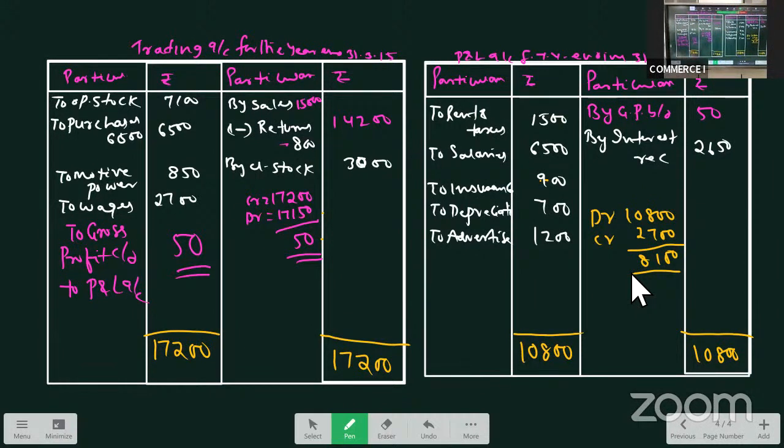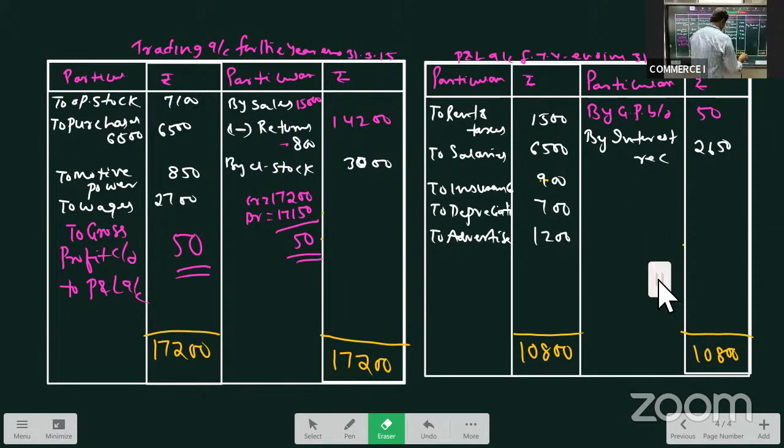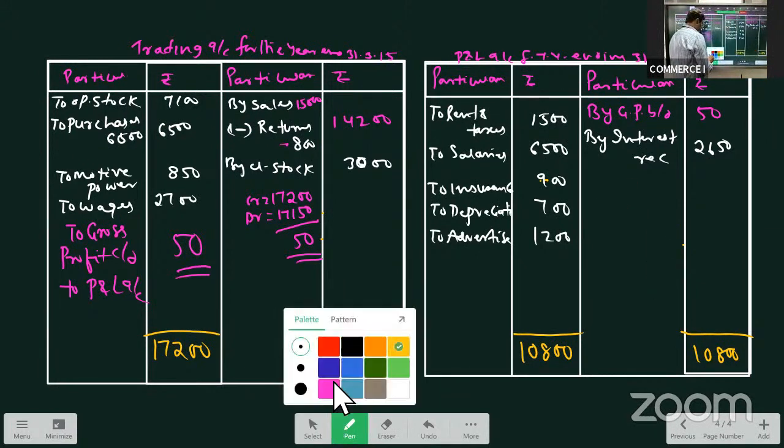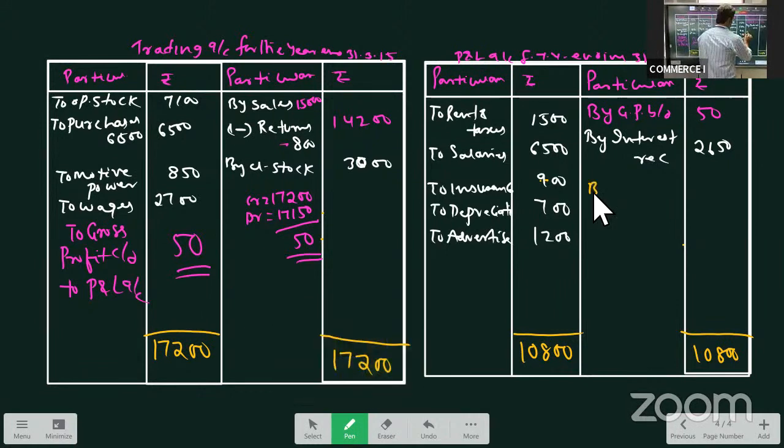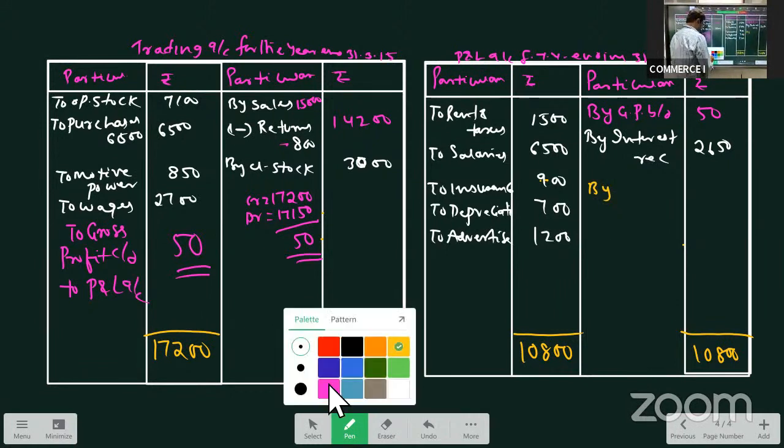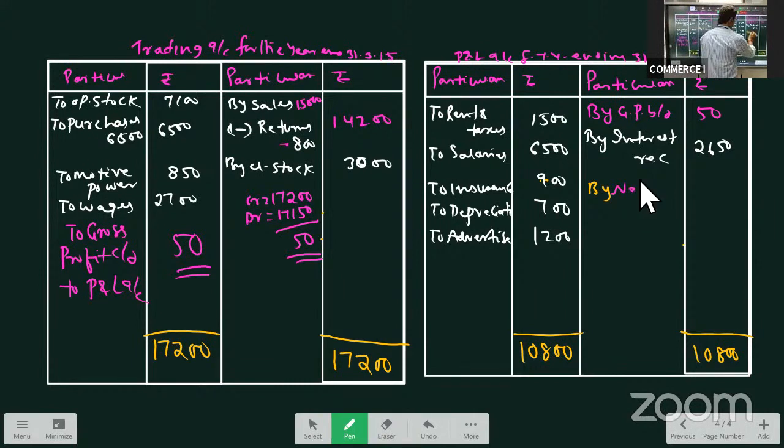Net loss we will write on the credit side. If it is profit, we write on the debit side, no? Similarly, it is net loss, so we'll write here by net loss 8,100. And where do we transfer this? Carried down to balance sheet, or say capital account.